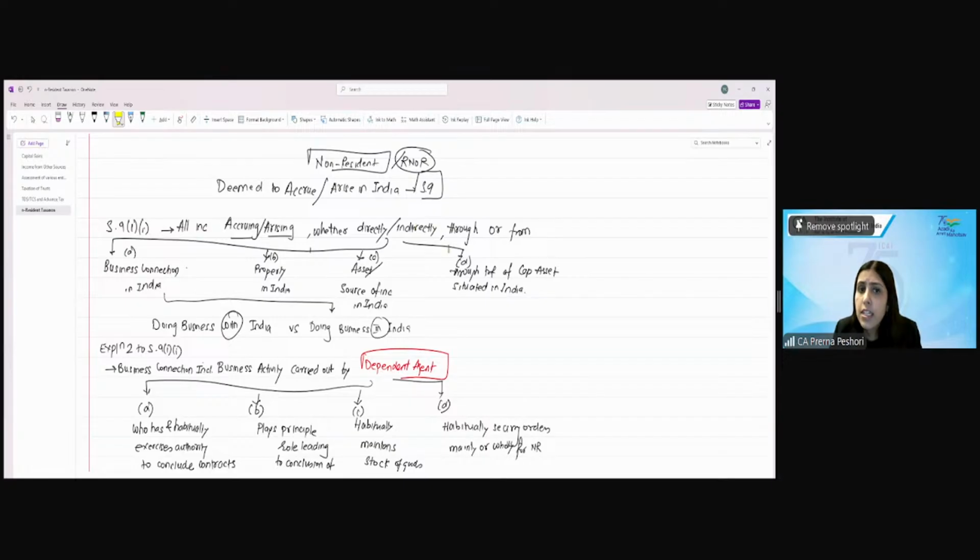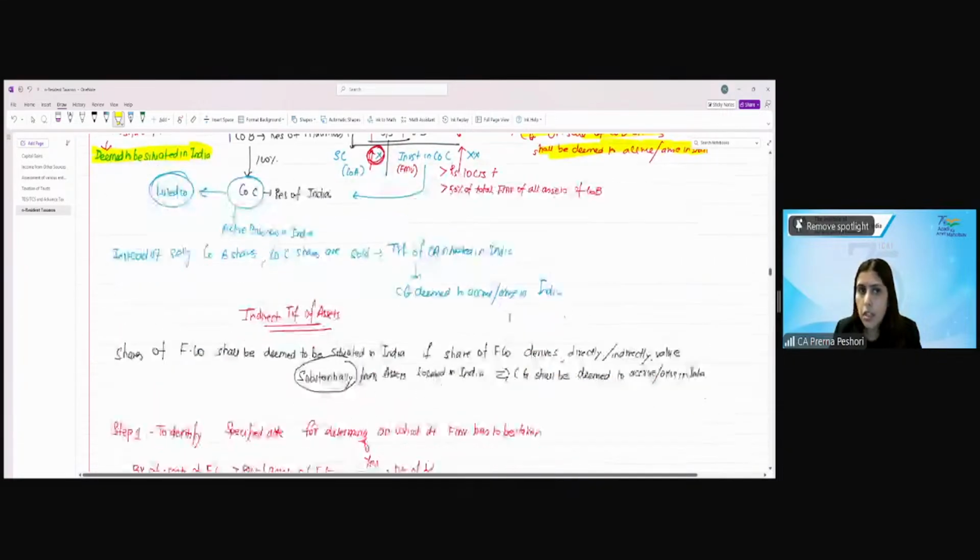Income accruing or arising directly or indirectly through or from the transfer of capital assets situated in India. If you are transferring any capital asset, the capital gain will be considered as income deemed to accrue or arise in India. Clear?